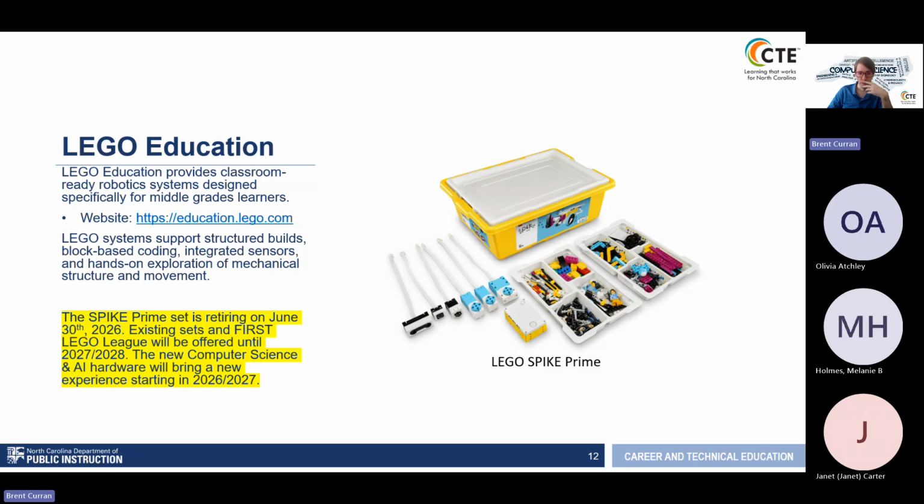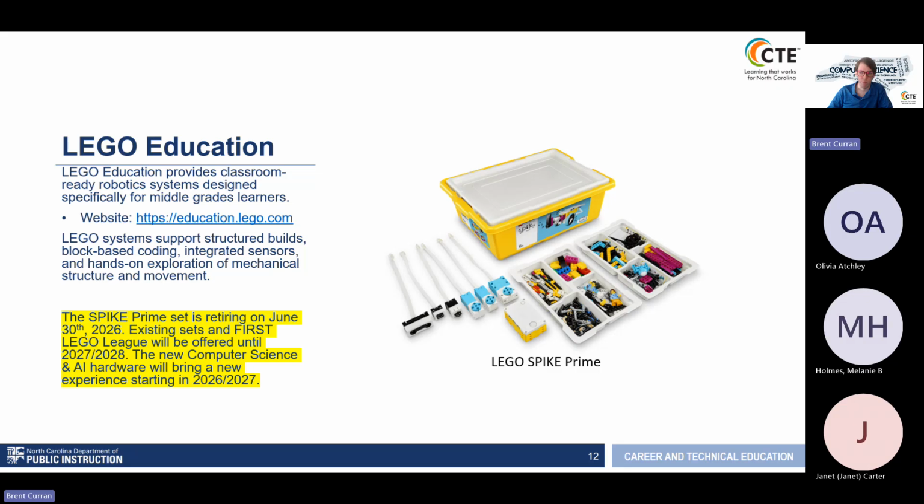An important note about this, LEGO just announced, I believe in the last few weeks, that the Spike Prime system is retiring on June 30th, this upcoming summer. And they're ending their partnership with FIRST LEGO.